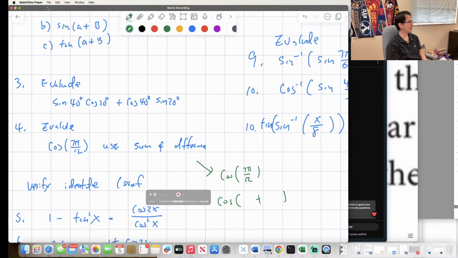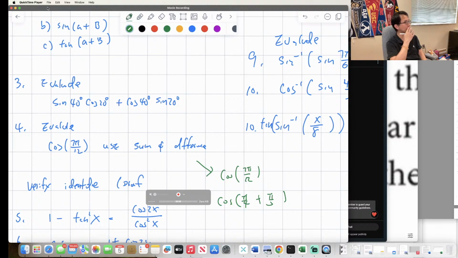But the problem is pi over 12 doesn't give you a unit circle value, right? Now, if you think of 2 pi over 12 and 5 pi over 12, that also doesn't give you a unit circle value. But which one gives you a unit circle value? Yeah, 3 pi over 12. Well, what's 3 pi over 12? Pi over 4, right? And this is pi over 3, right?